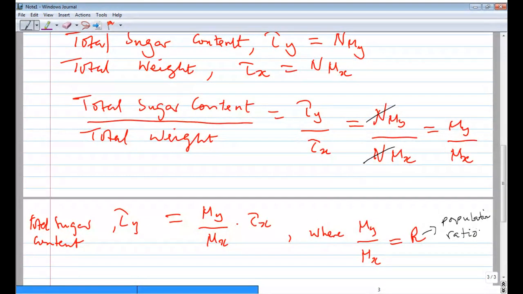In other words, if you want to calculate the population ratio, you have to divide mu y by mu x, which is the mean of the sugar content divided by the mean of the weight.